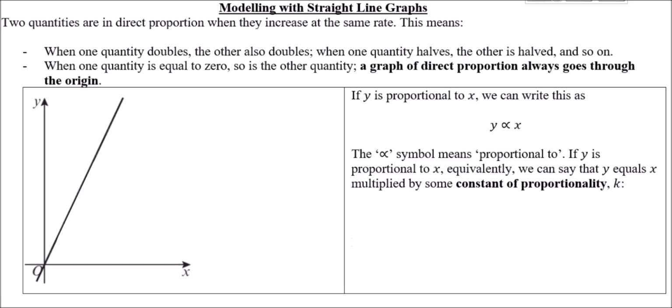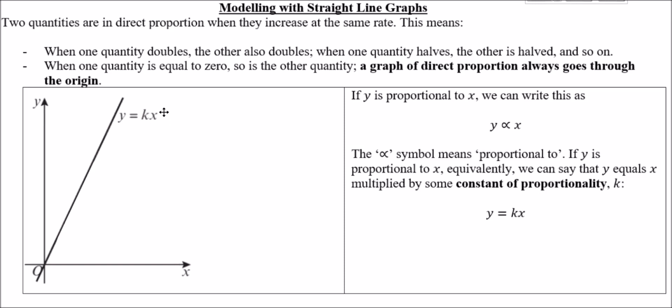So y equals k multiplied by x, y equals kx. This could be a graph of y equals kx. If we think about y equals mx plus c, c is 0 because it's going through the origin, because these two variables are in direct proportion, and the gradient m is the same as this k, and so the constant of proportionality is one and the same thing as the gradient.